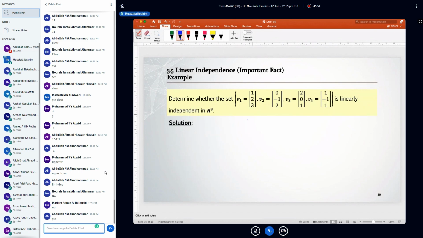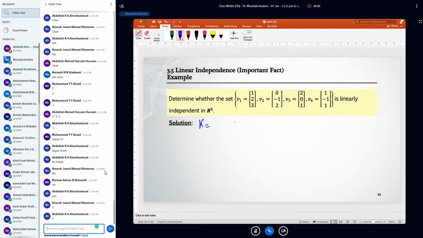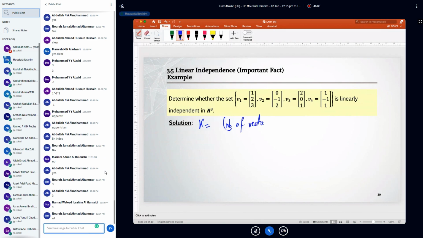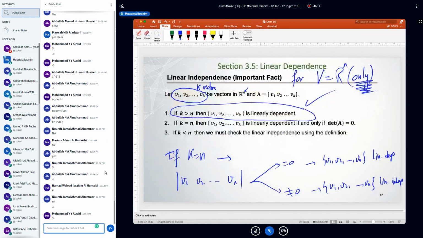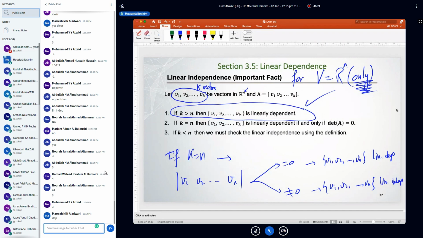Here, we also have vectors. K equals how much? Number of vectors: 4. And n is 3, so k is strictly bigger than n. So which case are we in? We are in case 1. So what do we get? We get directly that it's linearly dependent. Very good.